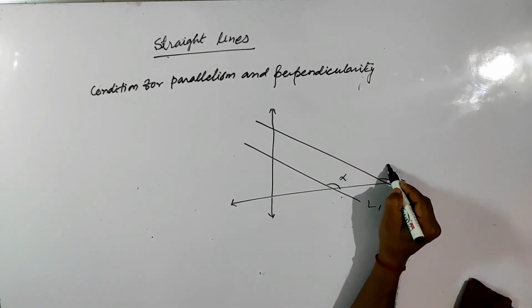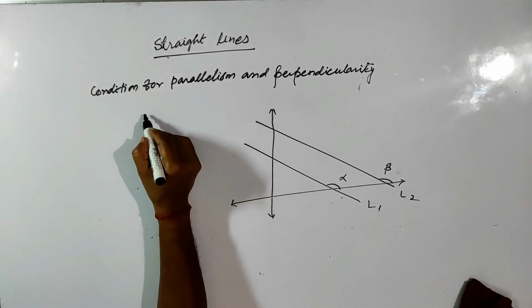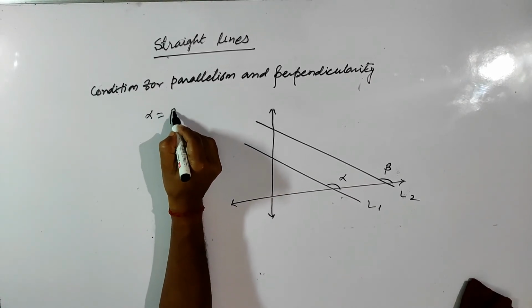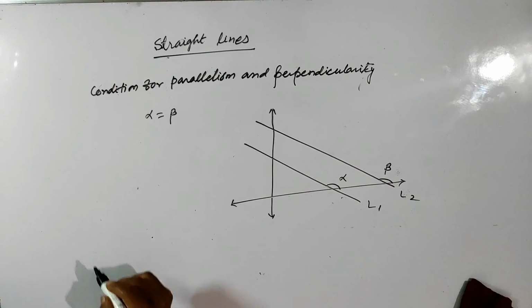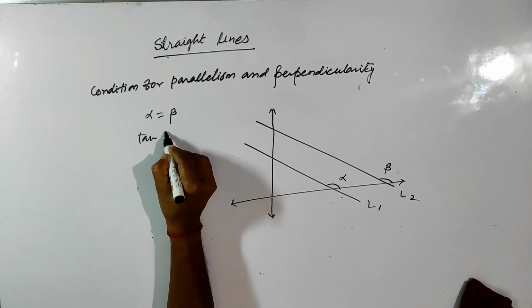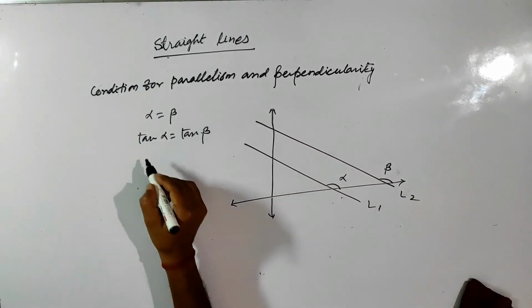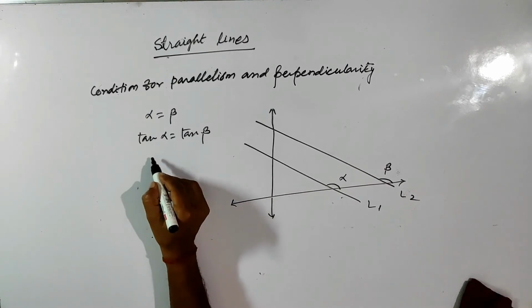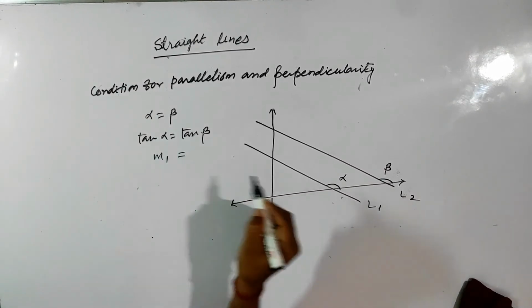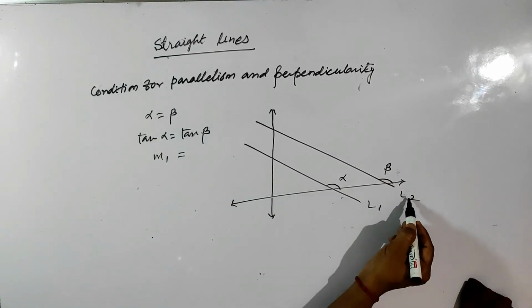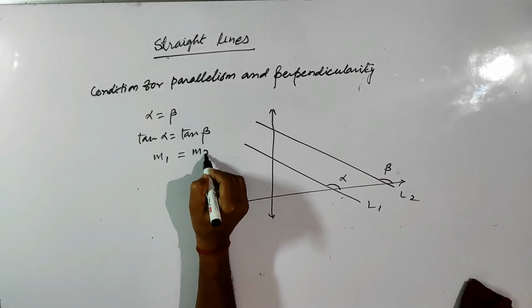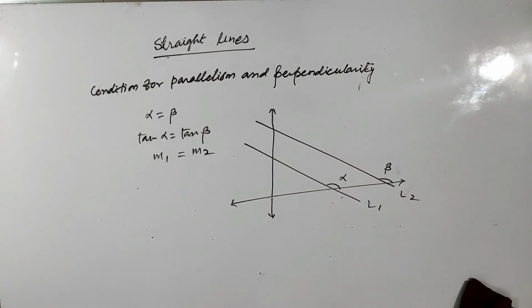If this is alpha and this is beta, then angle alpha equals angle beta. Take tan, so tan alpha equals tan beta. Tan alpha is the slope of L1, consider M1, and the slope of L2 is tan beta, M2, which means M1 equals M2. This shows that if two lines are parallel, then their slopes will be the same.